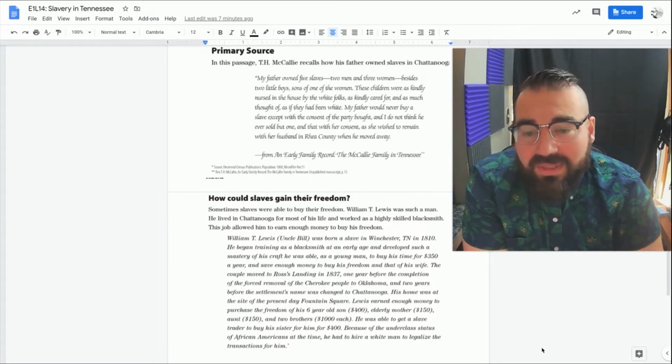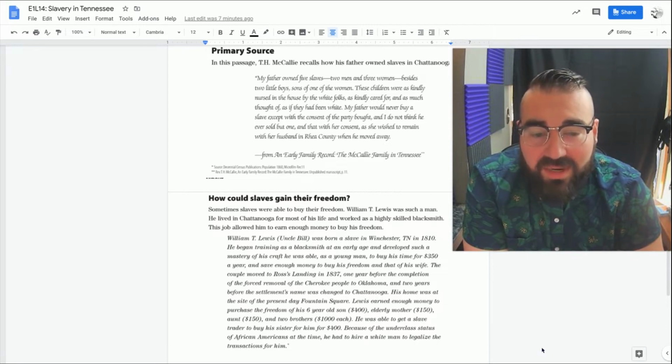"These children were as kindly nursed in the house by the white folks, as kindly cared for, and as much thought of as if they had been white. My father would never buy a slave except with the consent of the party bought, and I do not think he ever sold but one, and that with her consent, as she wished to remain with her husband in Ray County when he moved away."